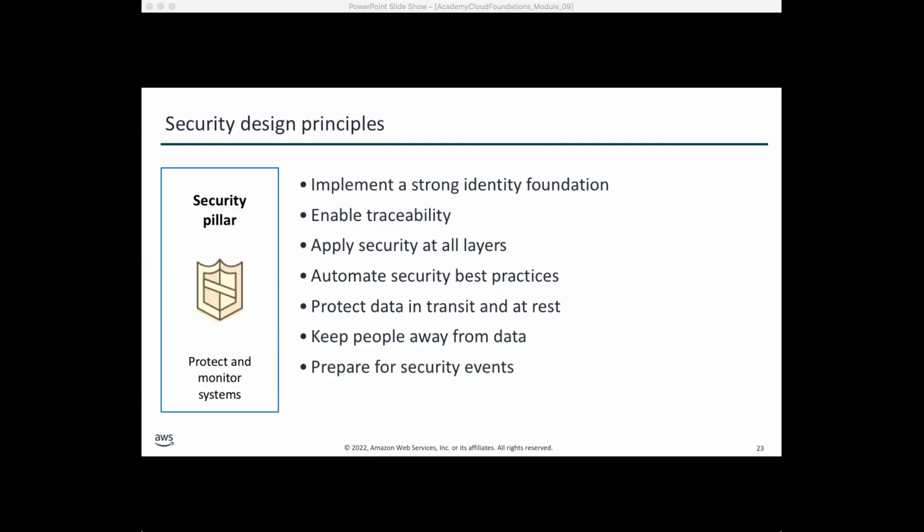You implement a security idea for each layer. Each layer could consist of a few different components. You can have one security construct for the entire layer, right?